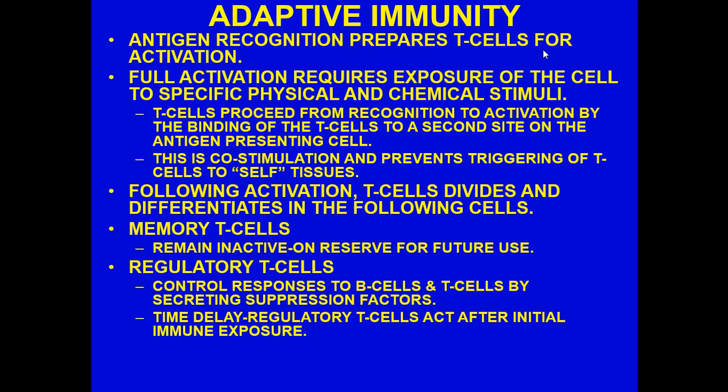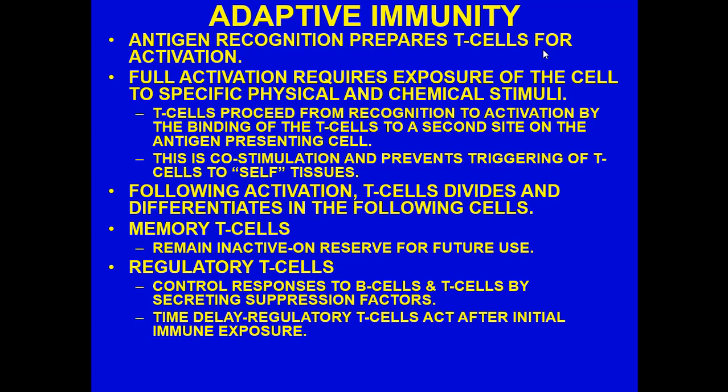Following the activation, the T cells start dividing and dividing and dividing. And they differentiate into the following classes. Memory T cells. Remember, memory is inactive. They go on reserve. They're out there for future use. Regulatory T cells. They control the responses of both B cells and T cells because they are going to secrete suppression factors.